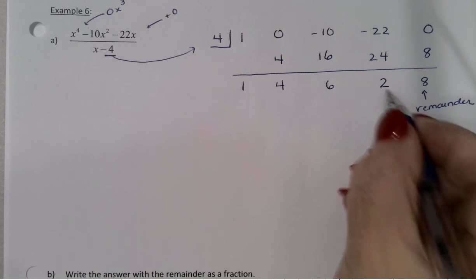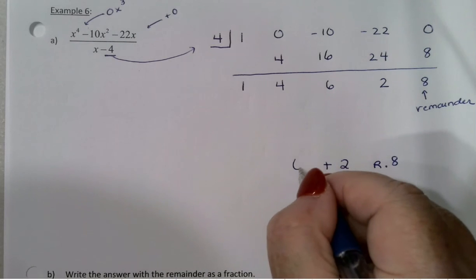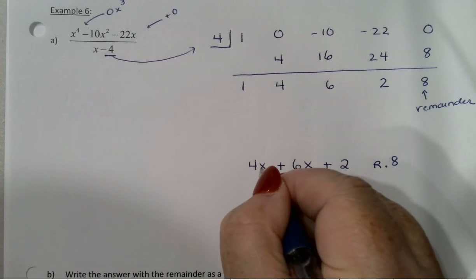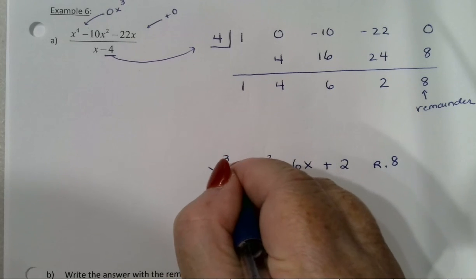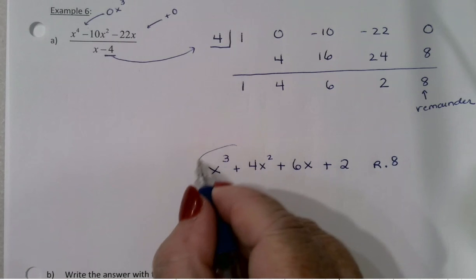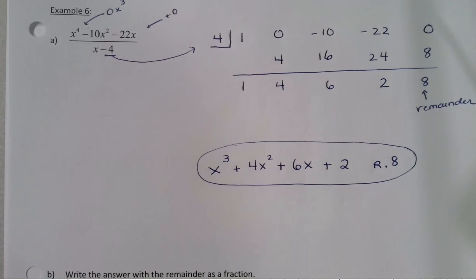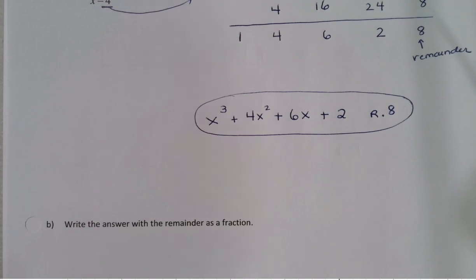And then I'm going to work backwards. 2 is my constant term. 6x to the first plus 4x squared plus 1x cubed. Or, since it did not come out evenly, I don't have a factored form, but I could write my solution instead with the remainder.